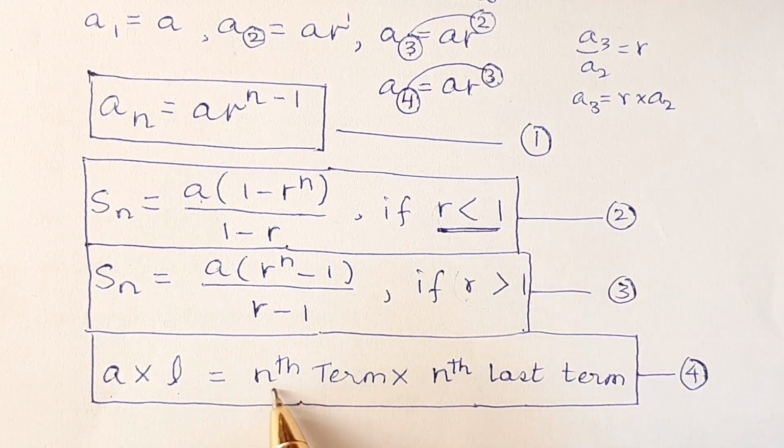Which means I could take fifth term multiplied by fifth last term, or the second term multiplied by second last term, or 10th term and the 10th last term. So A into L will be nth term multiplied by nth last term.